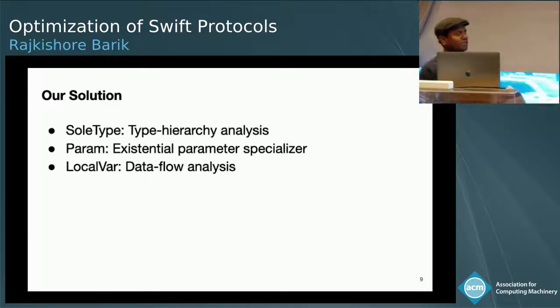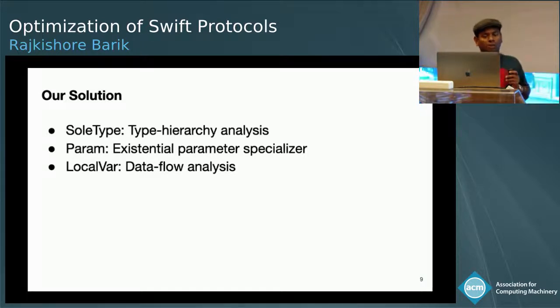The second one is a little tricky: if you pass an existential as a parameter to a function, I'll talk about what kind of transformation we do to optimize that. And then the last one is to do a data flow analysis within a procedure, nothing fancy, no interprocedural analysis, and still be able to determine what the concrete value or concrete type is that gets propagated in the code, and then be able to eliminate all the existentials that appear in the code.